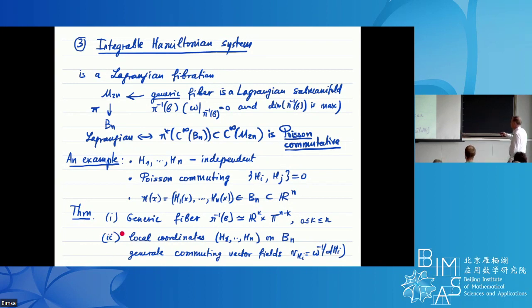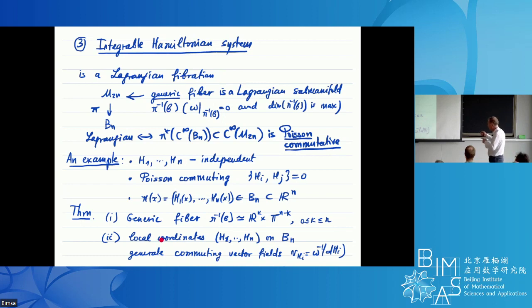The theorem is the following: a generic fiber of such a fibration is always isomorphic to the product of some plane and a torus. There are some singular fibers, I will say more about this. And if it's compact, then it's a torus, and these tori are known as Liouville tori.